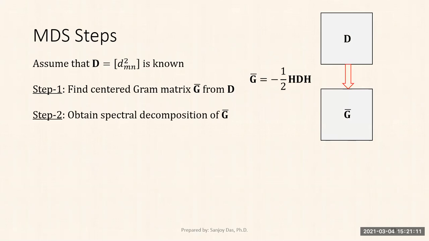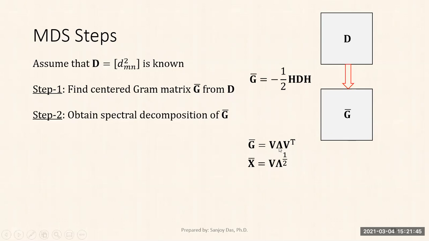Step 2 is to obtain the spectral decomposition of G. Let G be equal to V lambda V transpose. Later on, I'll show that this Gram matrix is positive semi-definite, so its eigenvalues will be all non-negative.